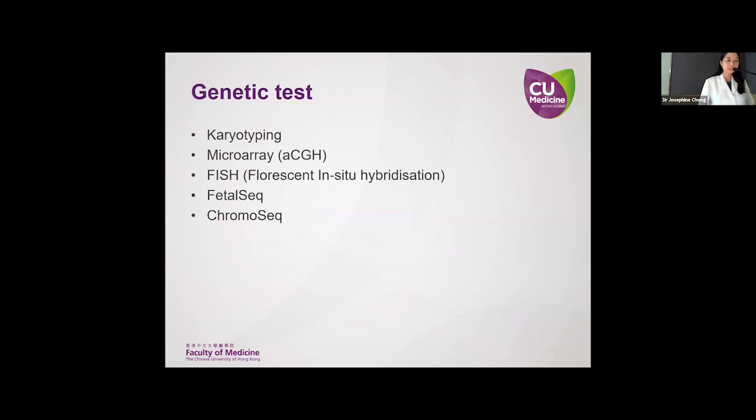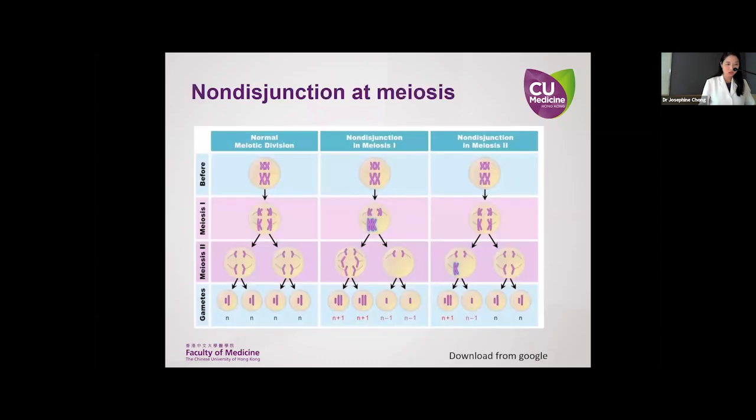Genetic testing, besides karyotyping, includes microarray, and FISH testing could also be used for confirmation in some situations. Exome sequencing and chromosomal sequencing are techniques using NGS testing to see smaller copy number variants. All these tests are testing for copy number variants, whether there is any copy number gain or copy number loss.